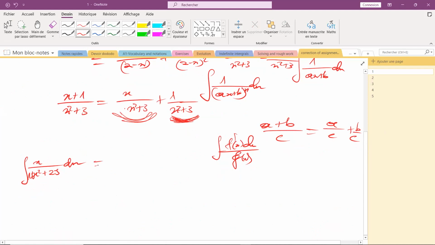After integrating it, you will naturally have ln of the absolute value of 16x squared plus 25 plus our constant of integration.